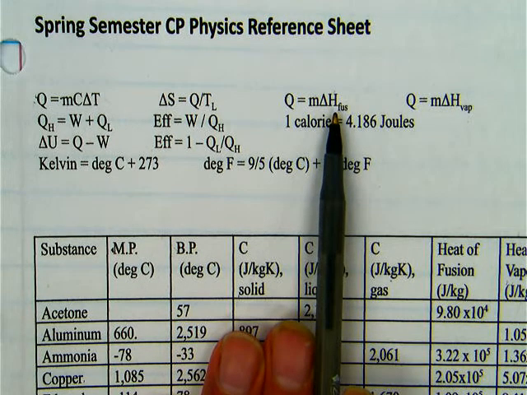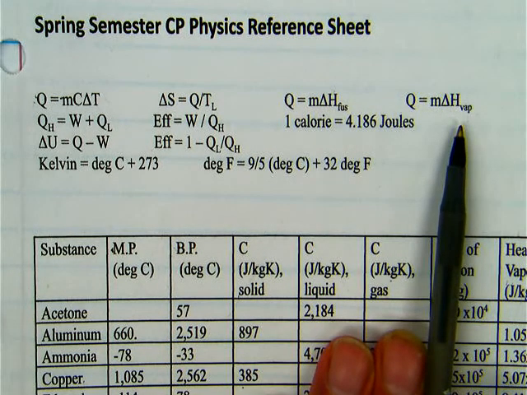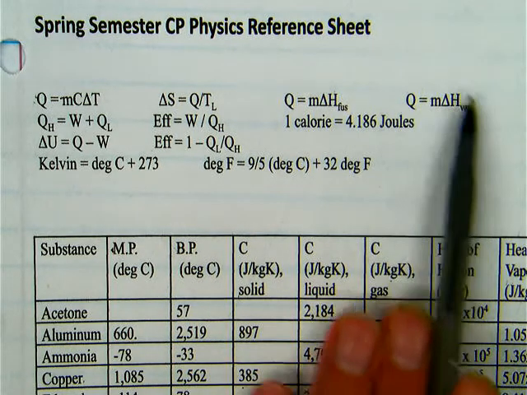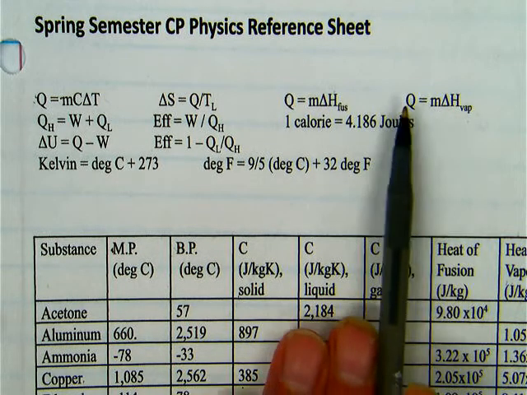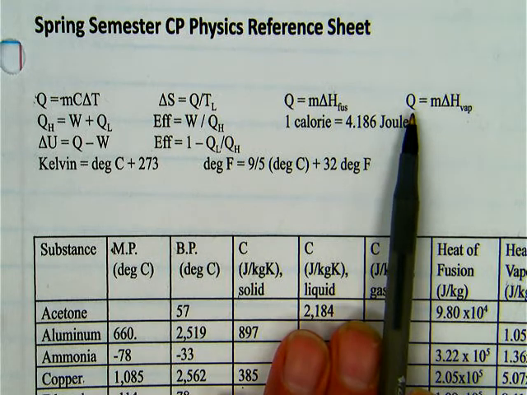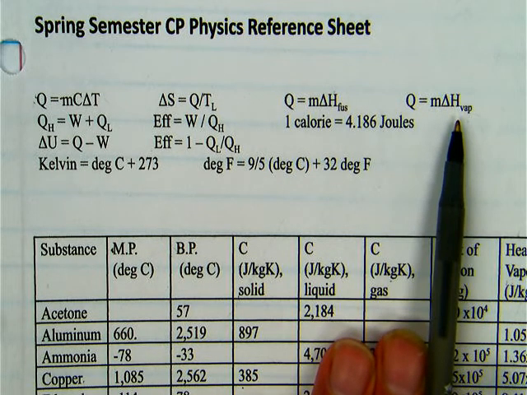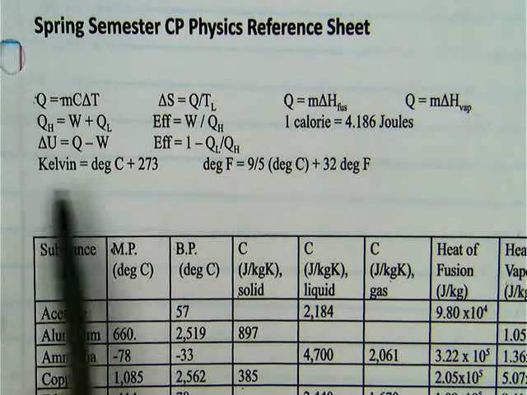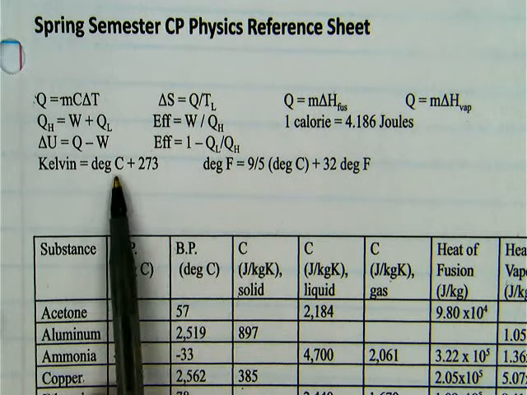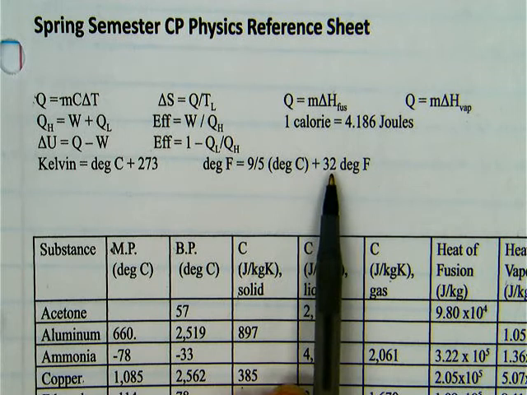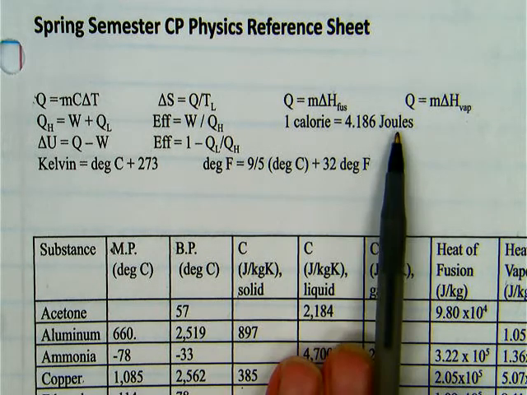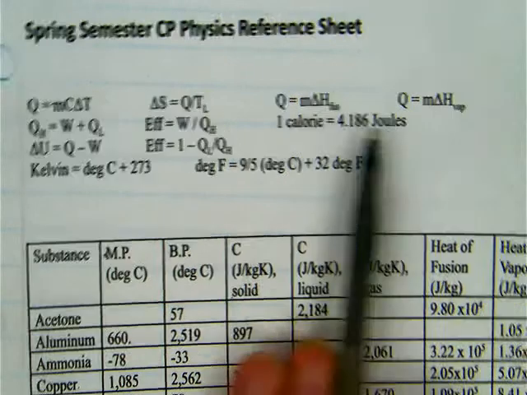And if that substance should boil or vaporize or condense, then we use this formula, which says the heat energy is the product of the mass of the substance times its heat of vaporization. And then a reminder on how to convert between Kelvin and degrees C, between Fahrenheit and degrees C, and between calories and joules.